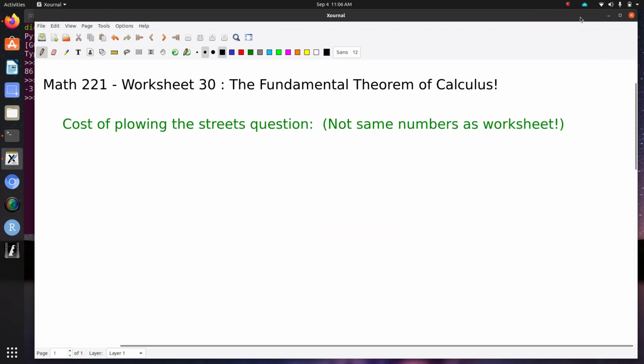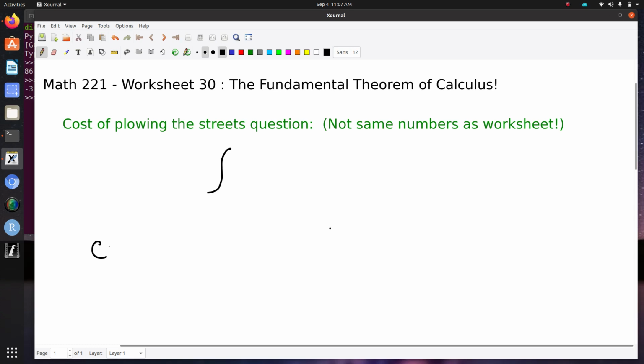Okay, I want to talk you through this plowing the streets question on a conceptual level. I'm not going to give you the same numbers as what's on your worksheet, but I want you to understand the model here. So we're making this model that says capital C is the total amount it costs the city, let's say of New York, to remove a certain amount of inches of snow.